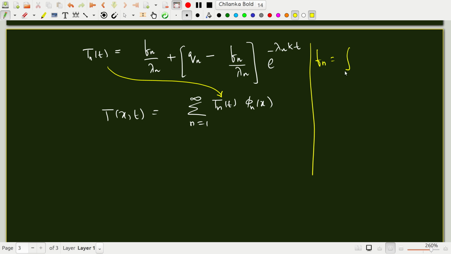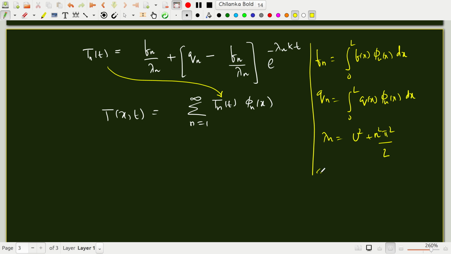Fn is nothing but the integral from 0 to L of f of x phi n of x dx. Qn is the integral from 0 to L of q of x phi n of x dx. Lambda n's are the eigenvalues, which are n squared pi squared over L squared, as we just derived in the first few minutes of this module, and the eigenfunctions are root 2 by L sine.